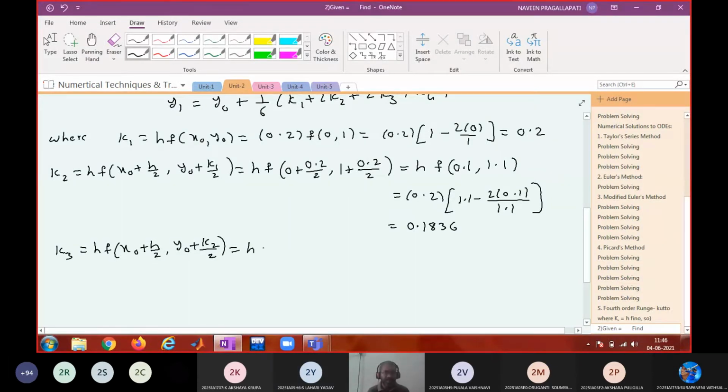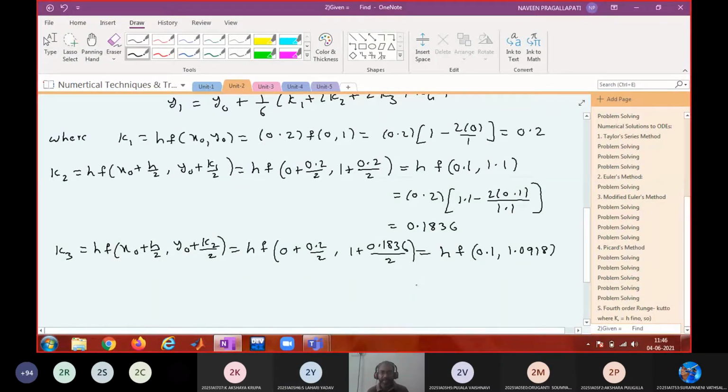So write down h into f of x naught, which is 0, plus 0.2 by 2, and y naught is 1 plus k2 by 2, with k2 being 0.1836. So this is h into f of 0.1 comma 1.0918.